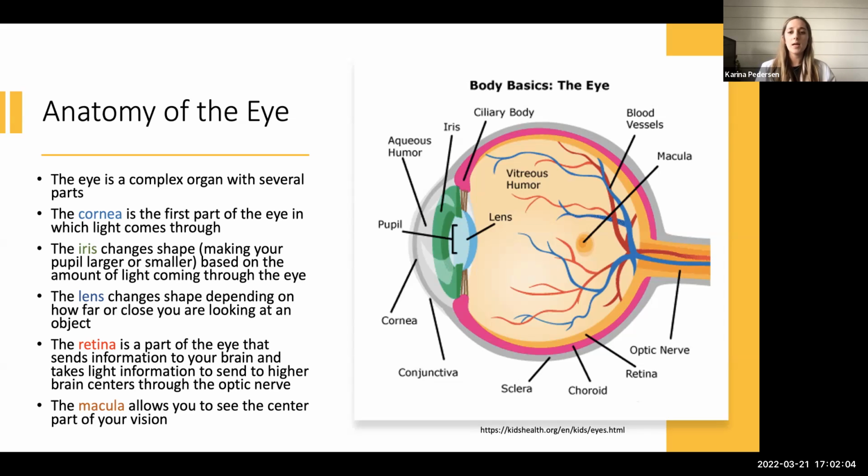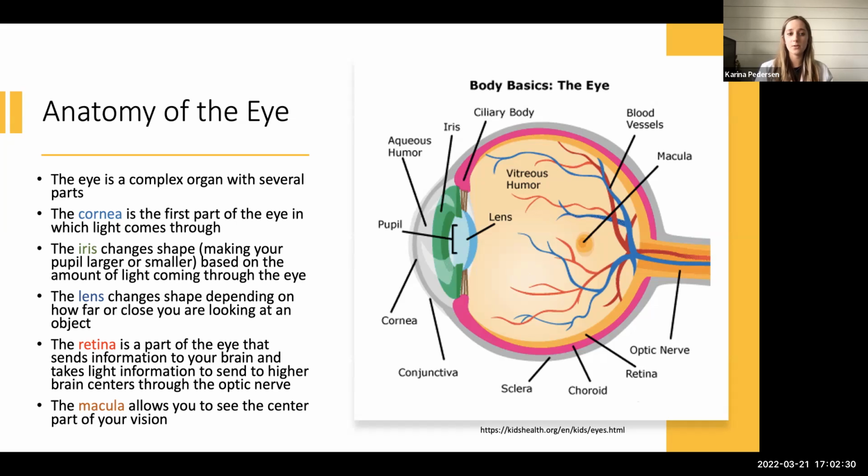This is where the light first comes through. Oftentimes, because of a misshapen cornea, you can have a different eyeglass prescription. That's just one of the many ways your eyeglass prescription can change, based on the shape of your eye among other factors.